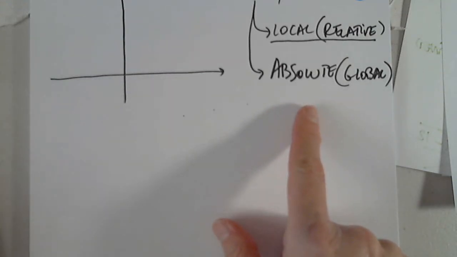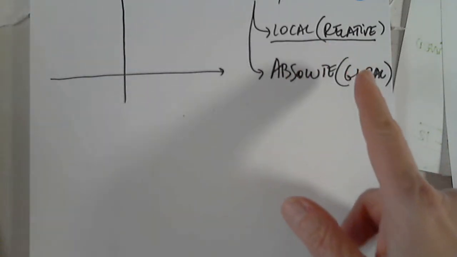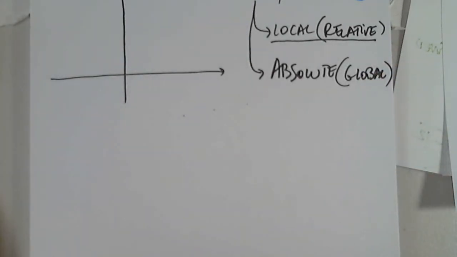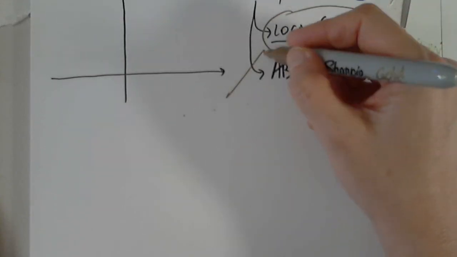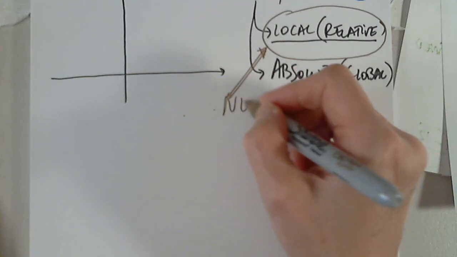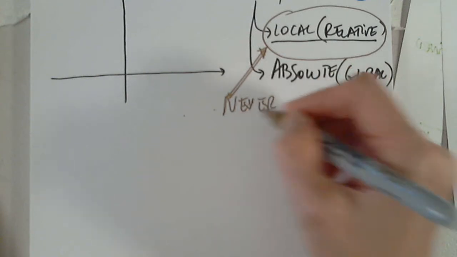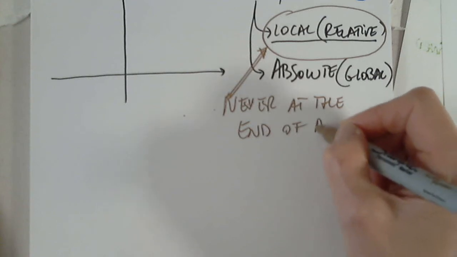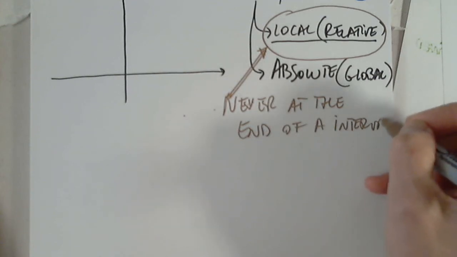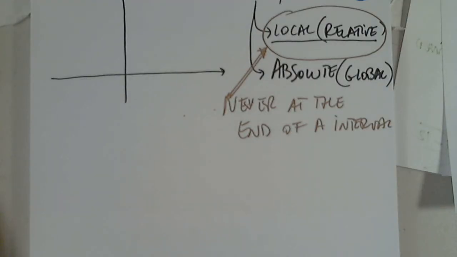The local and the relative cannot be at the end of the interval, never. The absolute ones can be anywhere: middle, end of the interval, anywhere. But the local and relative can only be where the function exists on both sides.